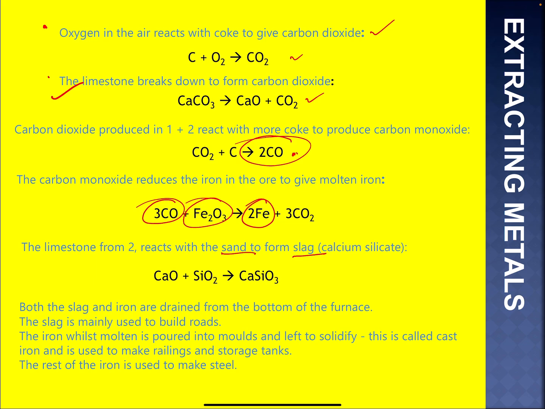The slag is mainly used to build roads, so they don't throw that away. The iron, whilst molten, is poured into molds and left to solidify. This is called cast iron, and it's used to make railings and storage tanks. The rest of the iron is used to make steel. So that's what happens in a blast furnace, and that's just one way of extracting a metal using carbon.